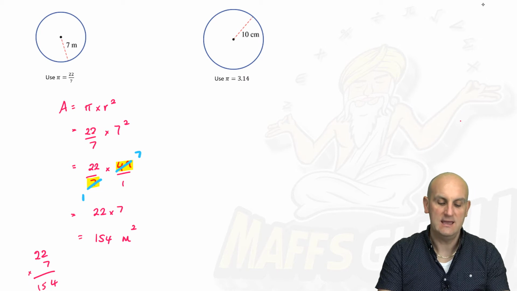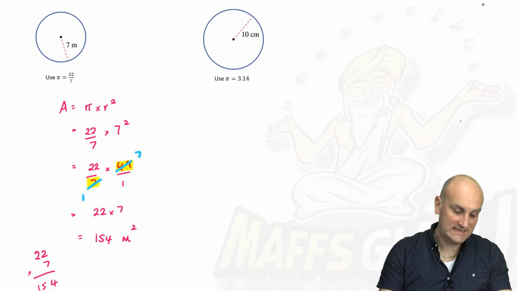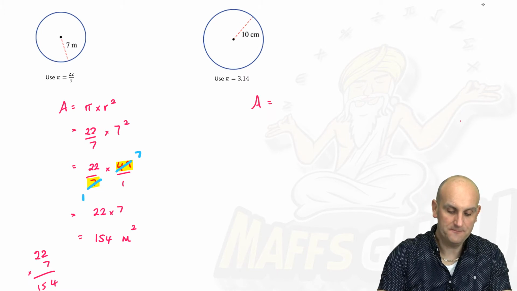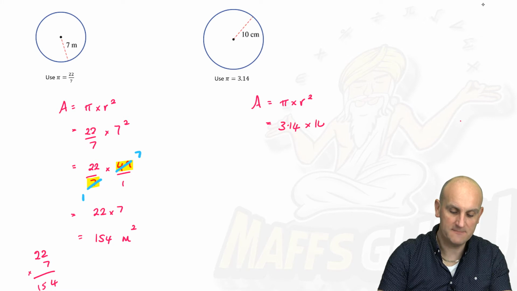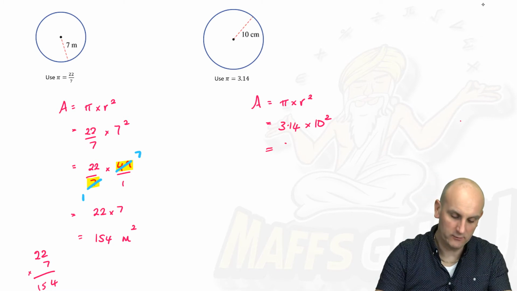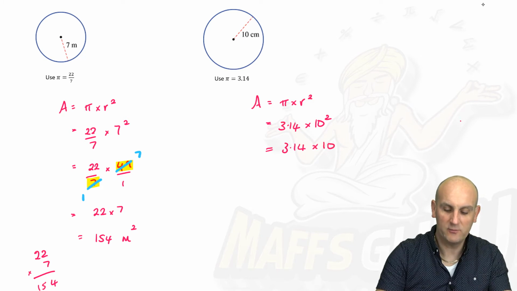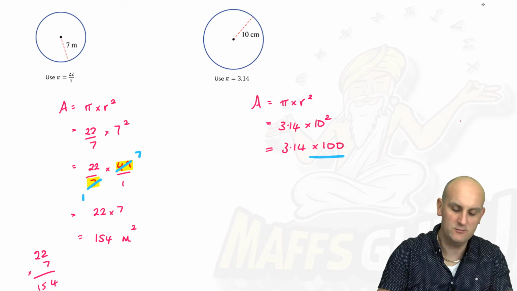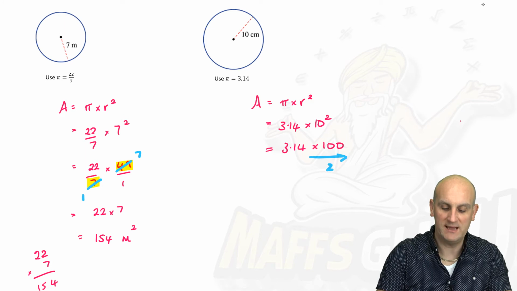What about pi as 3.14? Exactly the same. So let's formula, area equals pi times radius squared, which is 3.14 in this situation, times 10 squared. What's 10 squared? 10 times 10? 100, I can do that one. 3.14 times 100. Oh, thank you, because they've given me a place value question.